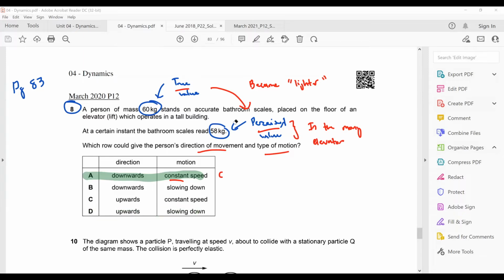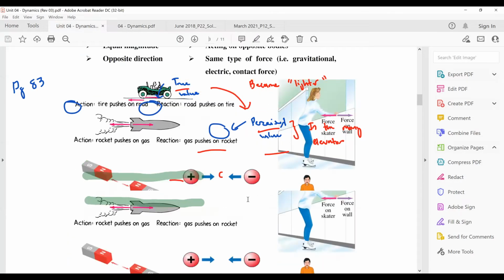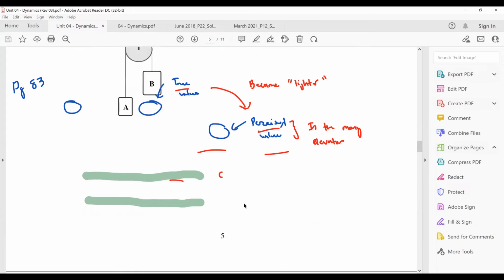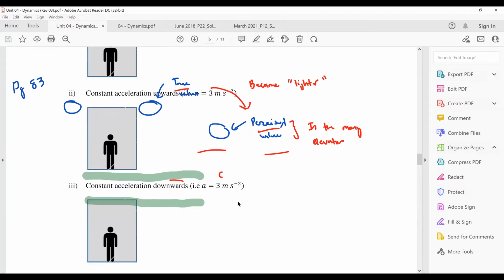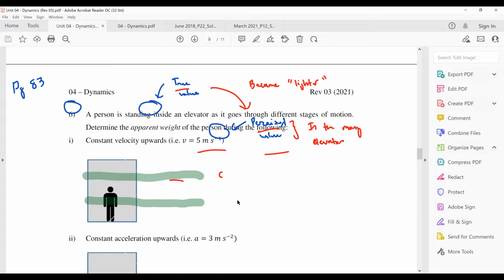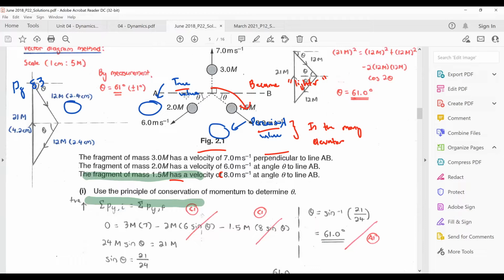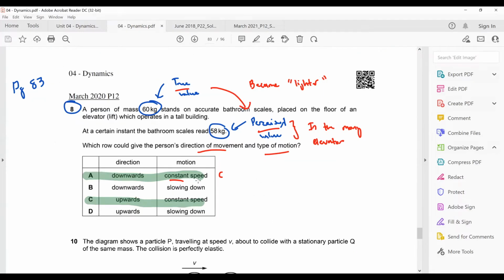If you refer back to the notes that I did for you, there was one part where I went through an example of going inside an elevator. That one was on page 6, remember? The first part was constant velocity. So remember, if it was constant velocity, or in this case constant speed, there will be no change, isn't it? If you refer back to the notes, I made a derivation, then there's no change, right?